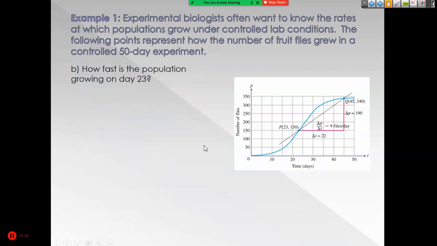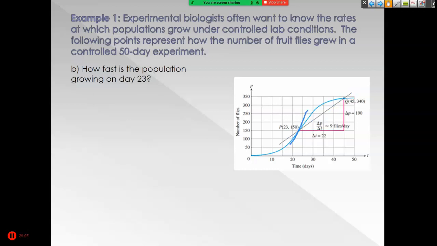What we can do is look at the population growth and predict how fast the population was growing on day 23. So what we want to do is decrease the change from 45, because does that line drawn in look like it's very good at approximating the slope at 23?